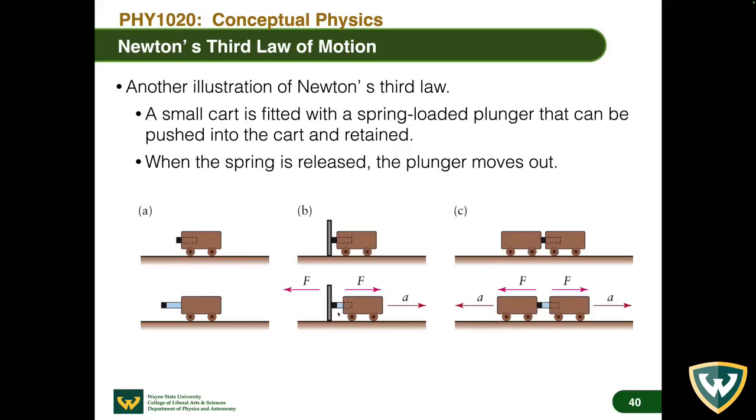And the cart then will bounce off the wall at some finite speed. It will be accelerated for the duration of the contact between the plunger and the wall, and then as the contact stops, the force acting from the wall onto the cart will stop and the cart will just roll away at constant speed.